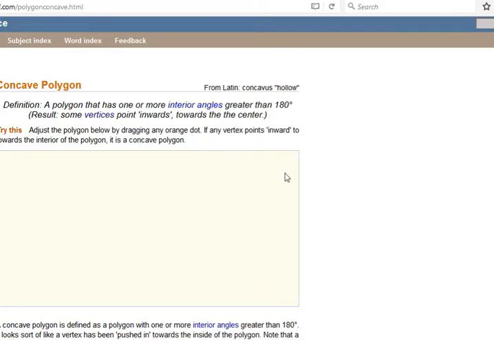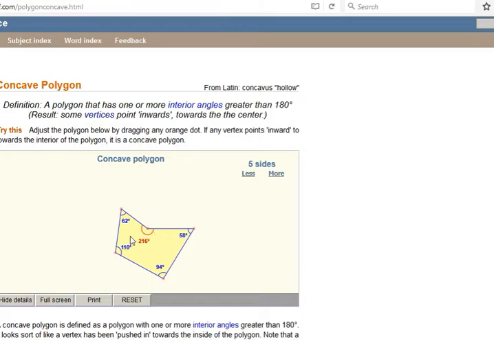So this is a concave polygon. Concave meaning that it's got this, see the angle of this is 216. If it's got an angle more than 180, then it's concave. And the more I bring that in, the more that angle goes up. Now, if I went the other way, when I get to here where it's 179, anything, if all the angles are less than 180, it's suddenly a convex polygon.